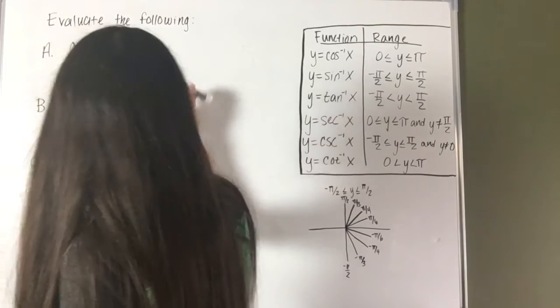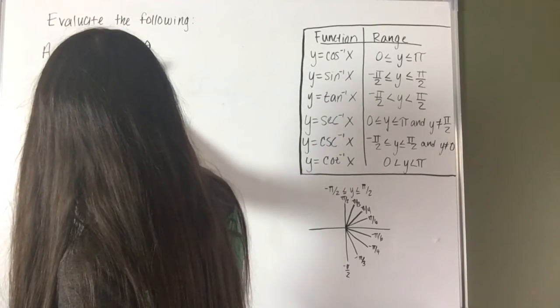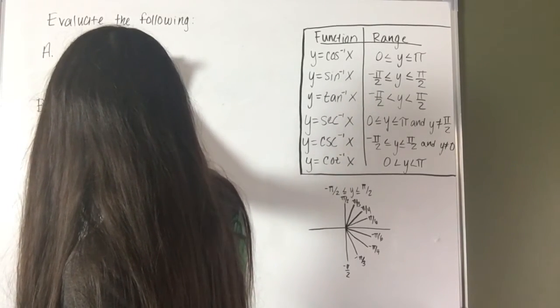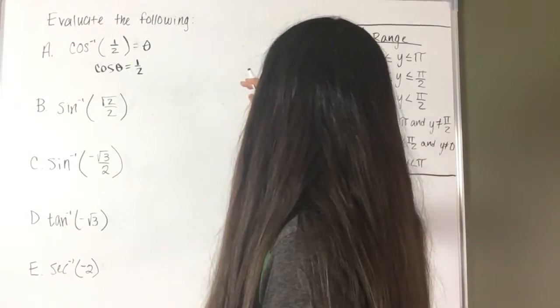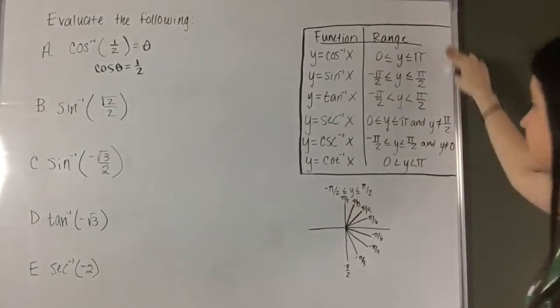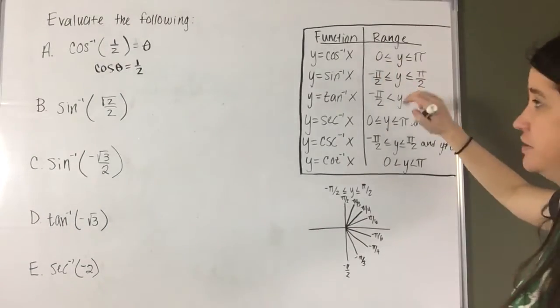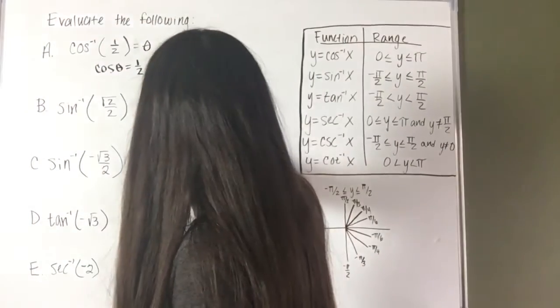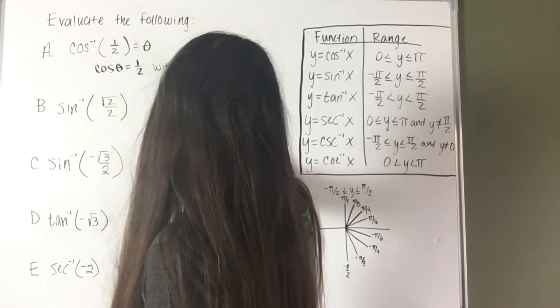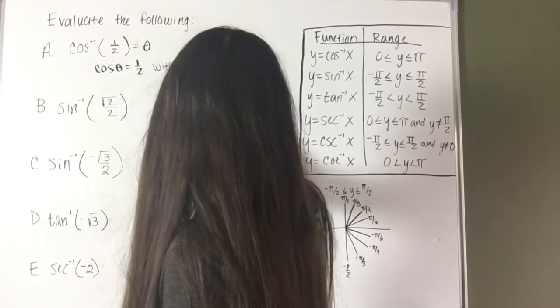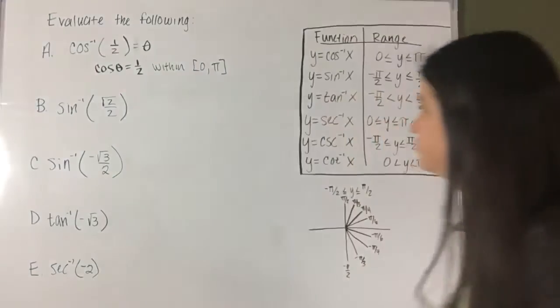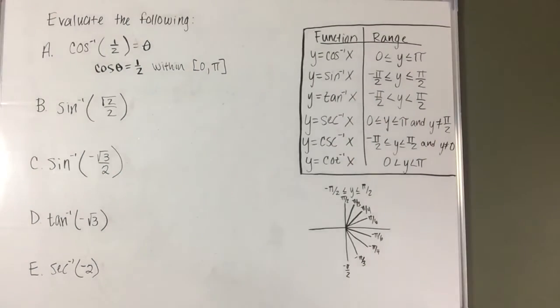If you let that equal theta, what we're looking for is, where is cosine of theta equal 1/2? But specifically, it needs to be in the range that you're given for the arc cosine, okay? So we're going to answer this within 0 to pi, that interval, okay? So within 0 to pi.